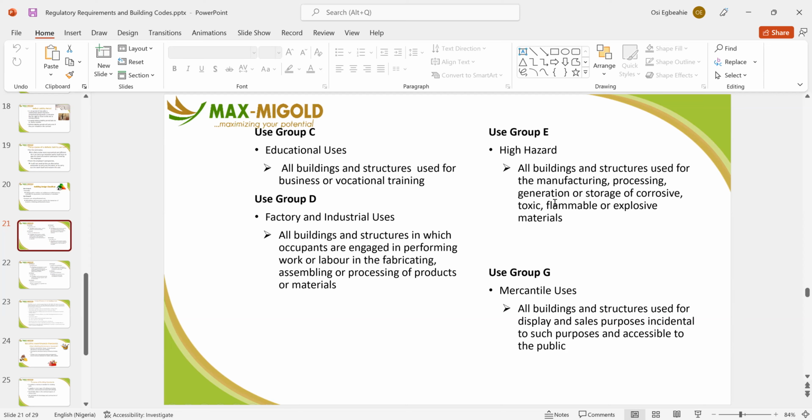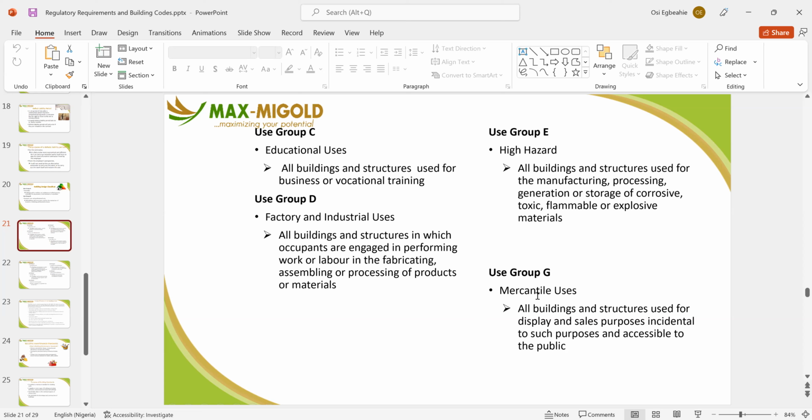Why this has to be grouped separately is very important. Buildings that are used to produce flammable, explosive, or toxic substances are normally grouped separately, because they treat those buildings separately, so that you don't have chemicals and all that affecting people, because those areas are normally very secluded areas.